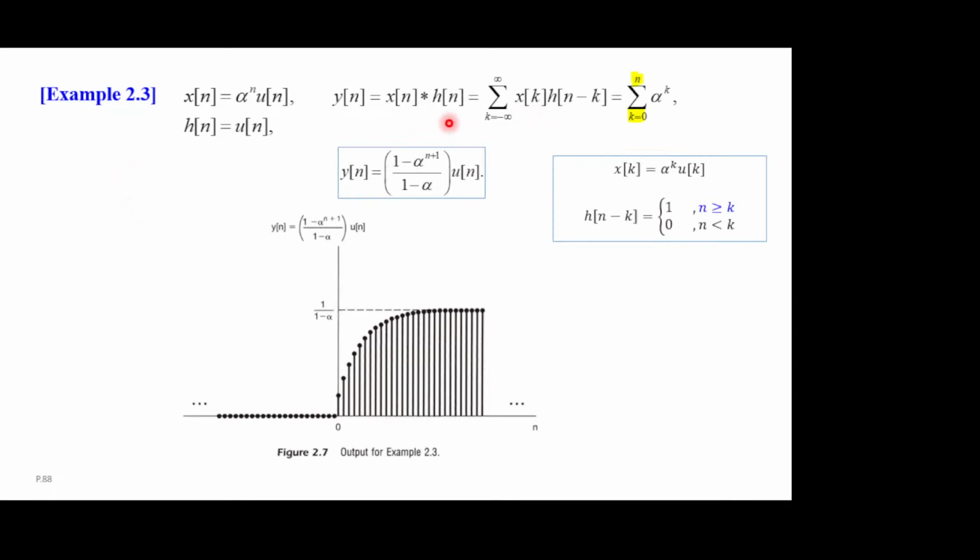So yeah, your y, which is a convolution of x of k and h of n minus k, is summation of k from 0 to n alpha of k.